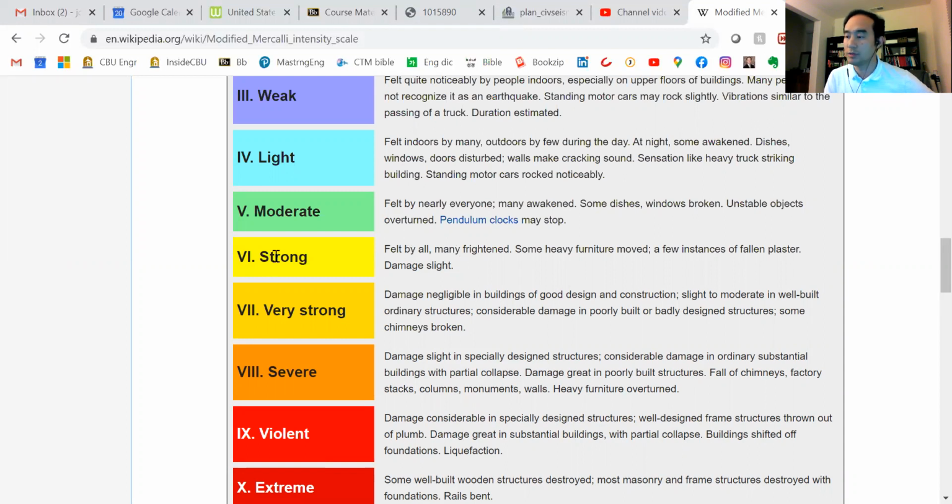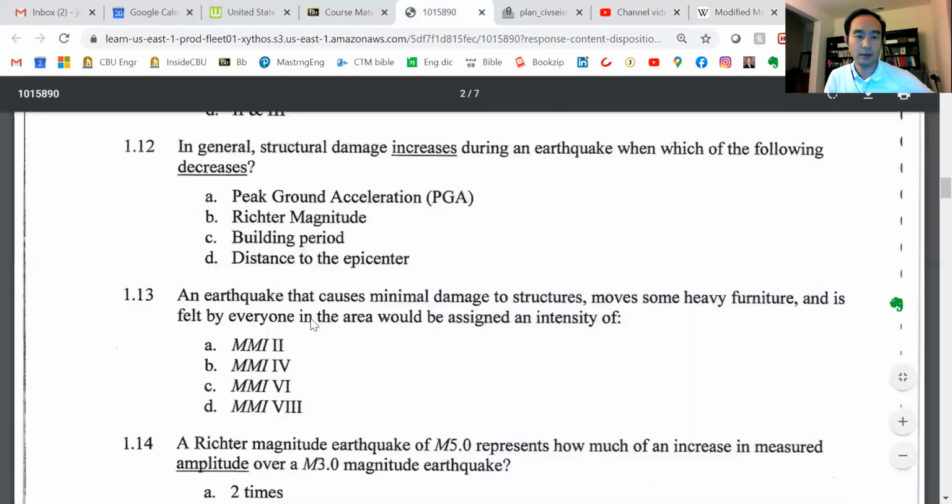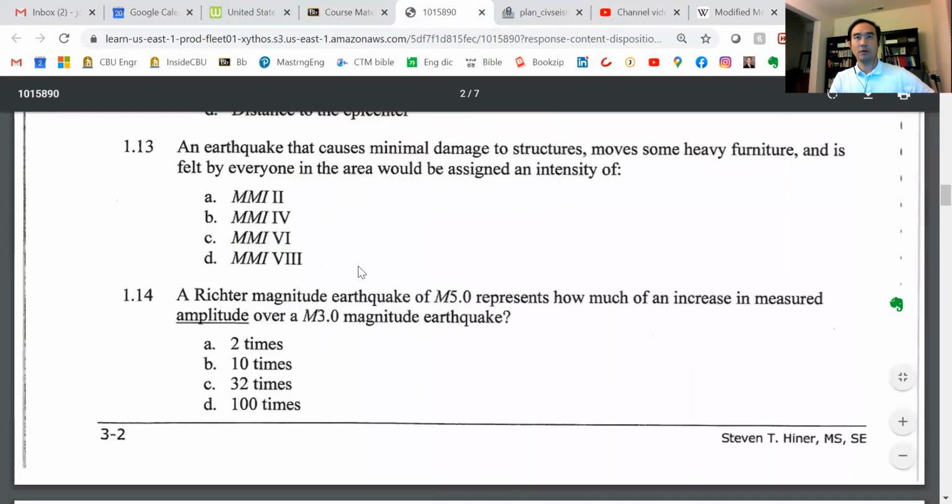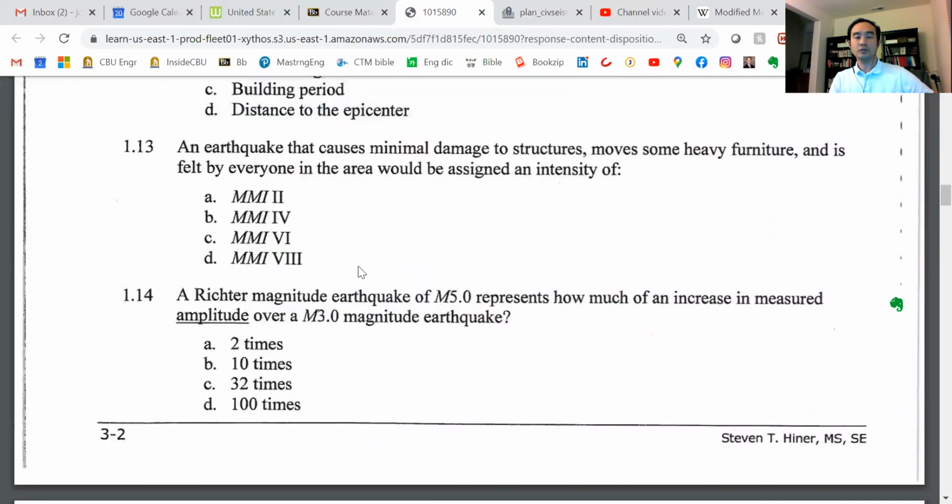So the answer should be 6, right? C. Okay, so sometimes we can see this kind of a problem. So you can just look up the table and then go through the descriptions to find out the answer.